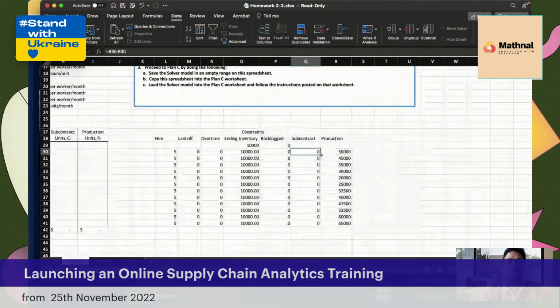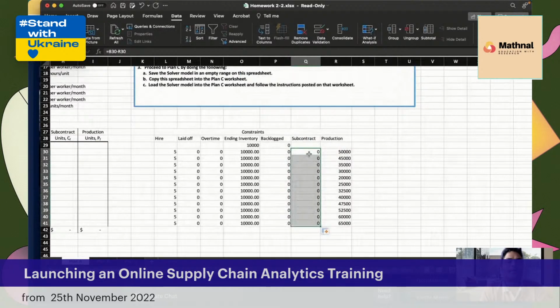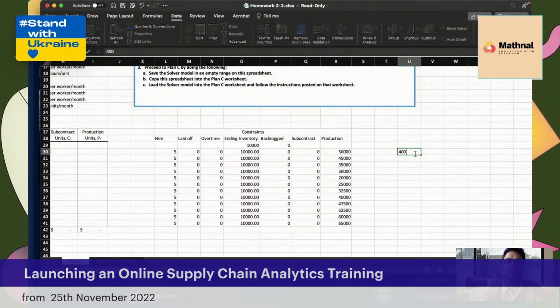If this is 0, then there is no subcontracting. If it is more than 0, for example, if my production volume is 40,000 and my forecast is 50,000, what is the subcontracting? That is 50,000 minus 40,000, which becomes 10,000. So this 10,000 will be my subcontracting.